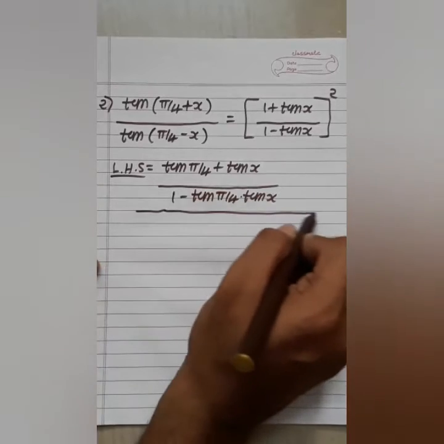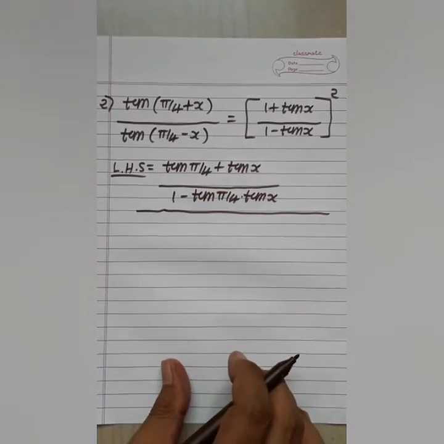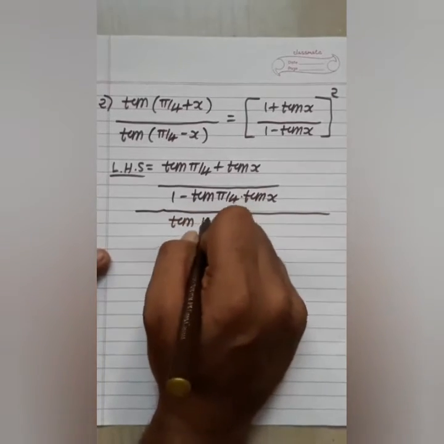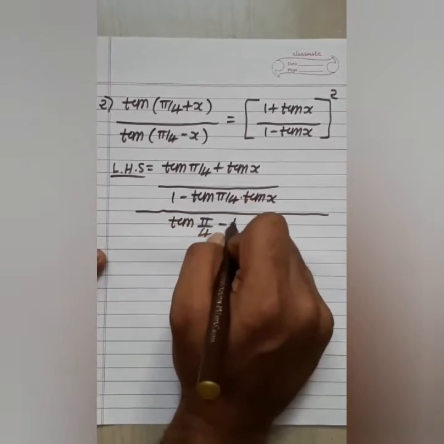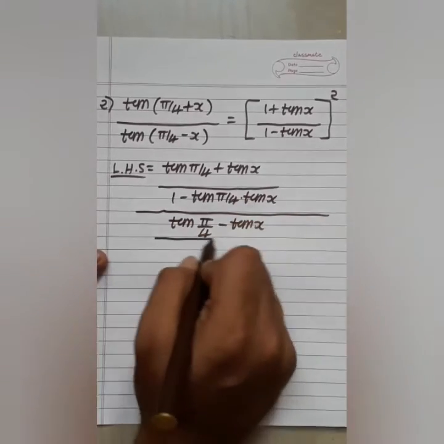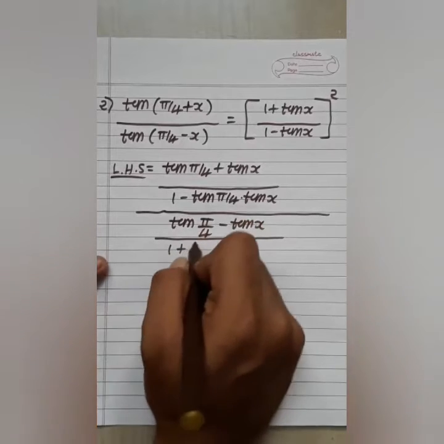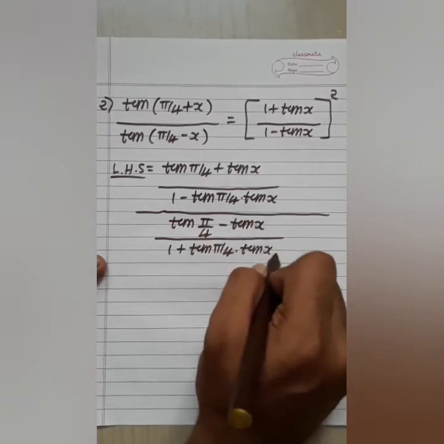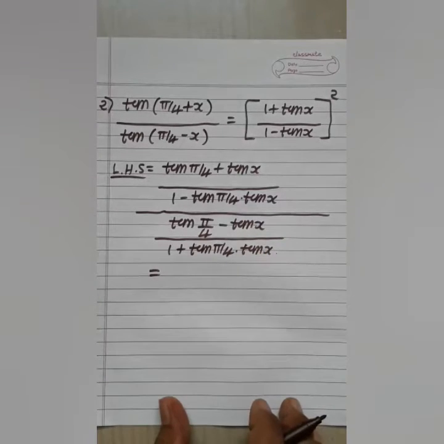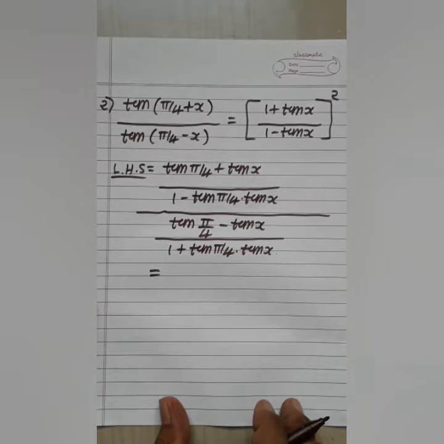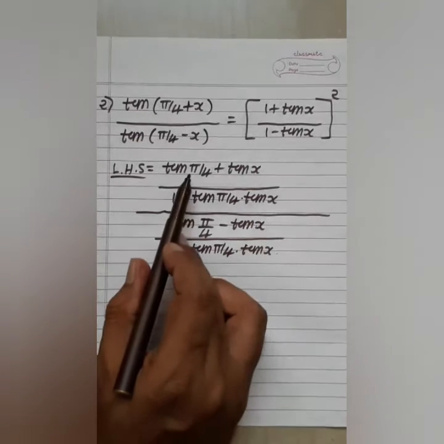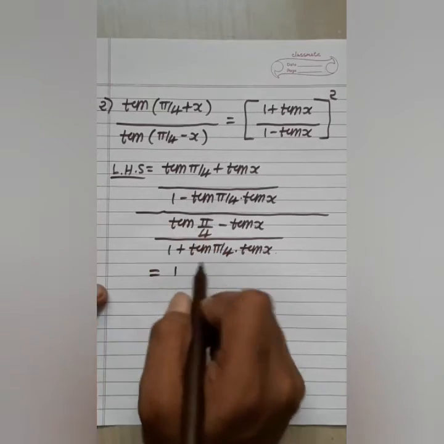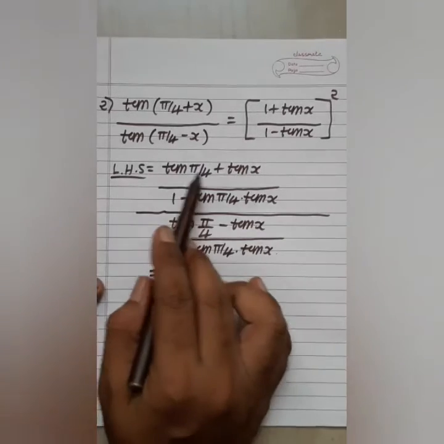Same way, in the denominator term apply the identity tan(A minus B), that means tan pi by 4 minus tan x upon 1 plus tan pi by 4 into tan x. Now, using the trigonometry table, we know that the value of tan pi by 4 is 1.